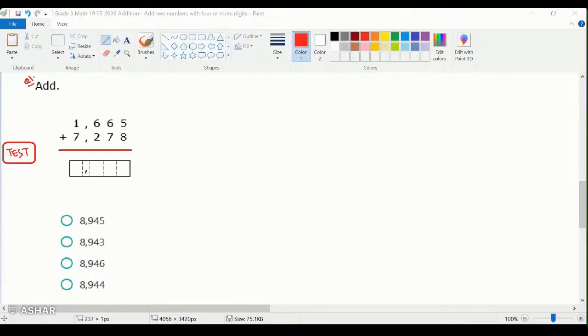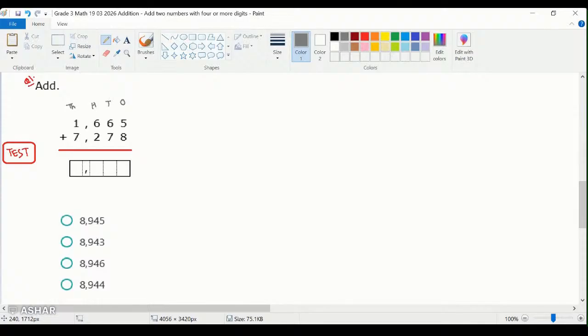Yes, Adyan. What about question number 1 from the test? See, we know the positions. These are the ones, the tens, the hundreds, and the thousands. How can we check the differences?